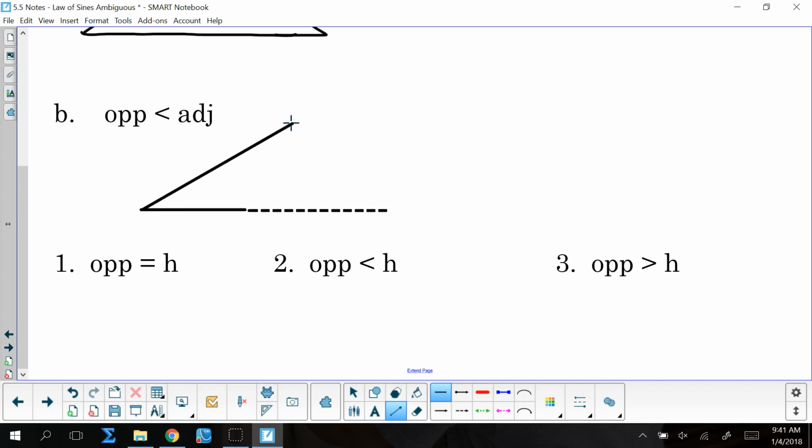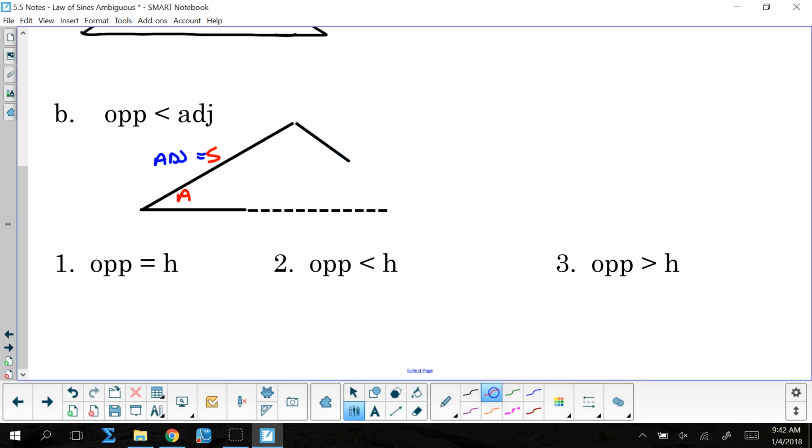Okay. So my angle is here. This would be one of my sides, which is my adjacent side. And then out here, we have another side that's my opposite side. Okay? So now my adjacent side is longer than my opposite side.